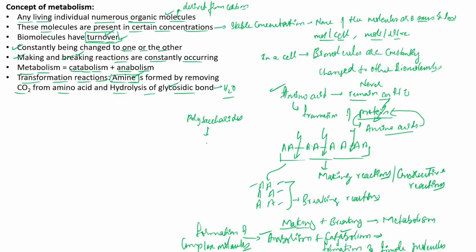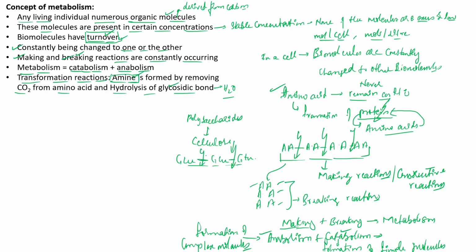An example of a polysaccharide is cellulose; we have studied cellulose a lot. I take one glucose molecule, attach it with another glucose molecule, and similarly with another, and so on. The bond we are looking at here is called the glycosidic bond, and if I break this bond, it is hydrolysis of the glycosidic bond, right?